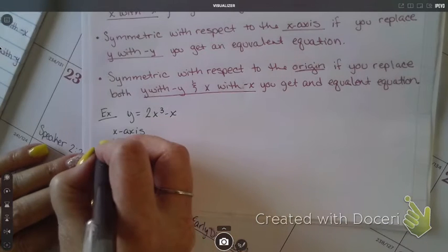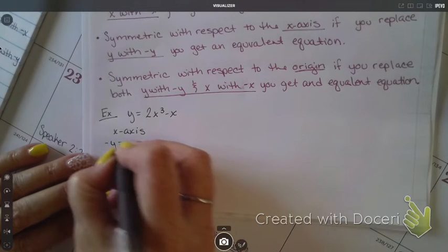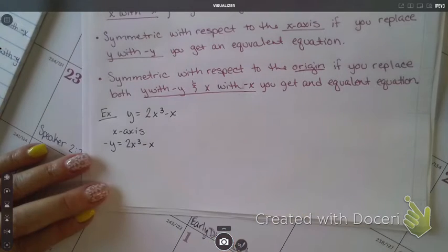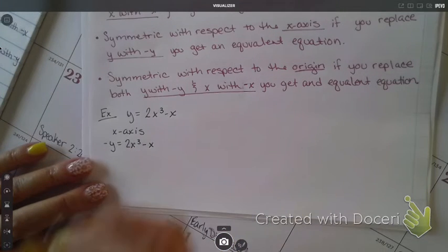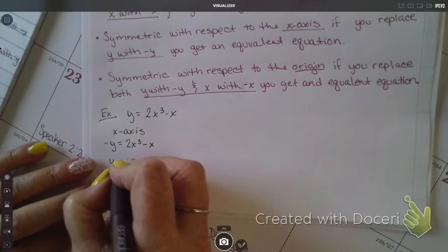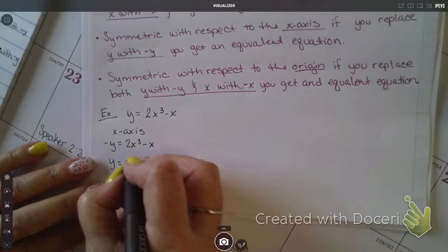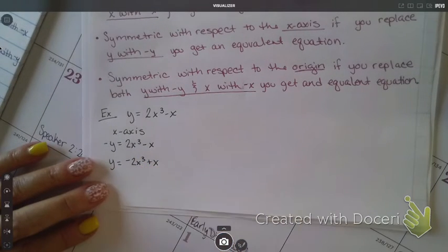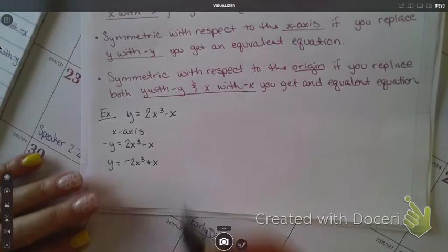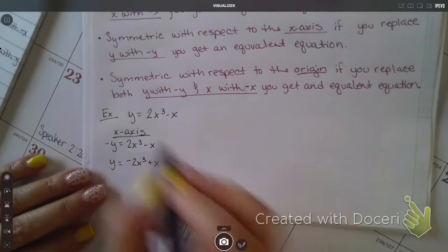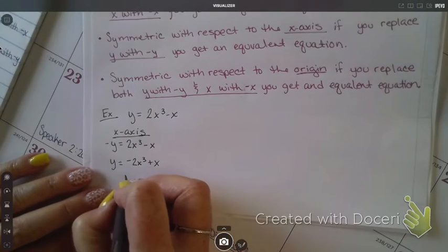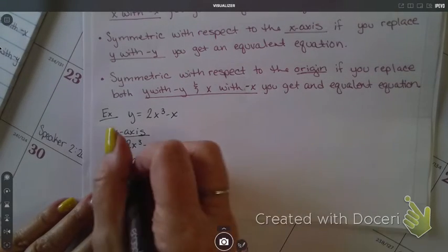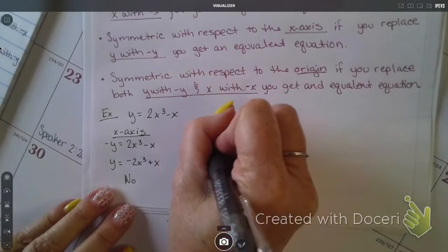Okay, so I have negative y equals 2x cubed minus x. Then I have to solve for y. So y equals negative 2x cubed plus x, because I multiply both sides by a negative, right? So is it symmetric about the x-axis? Nope. Not, no, whatever you want to write. So y-axis.